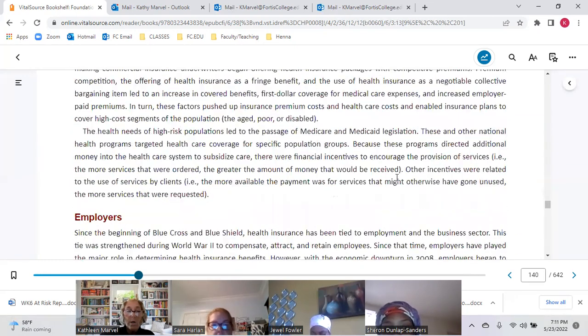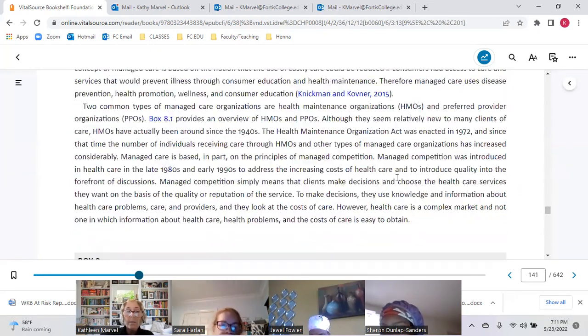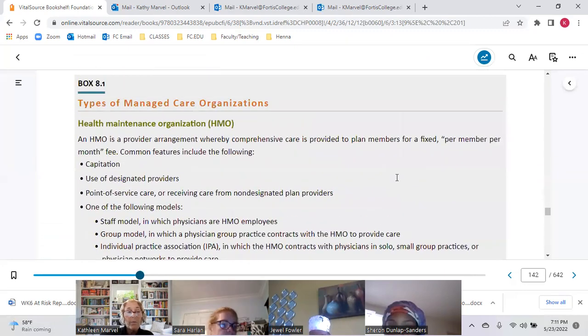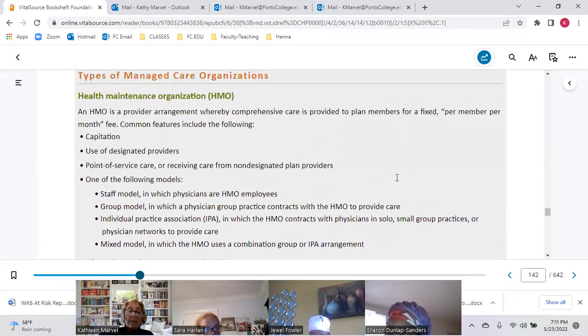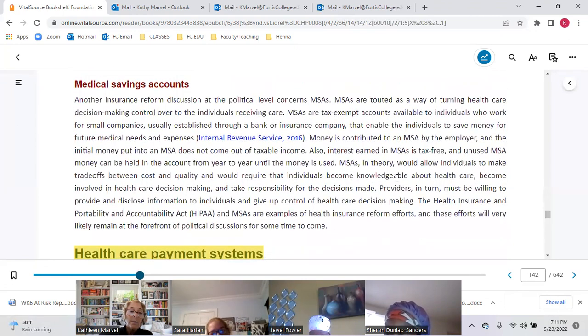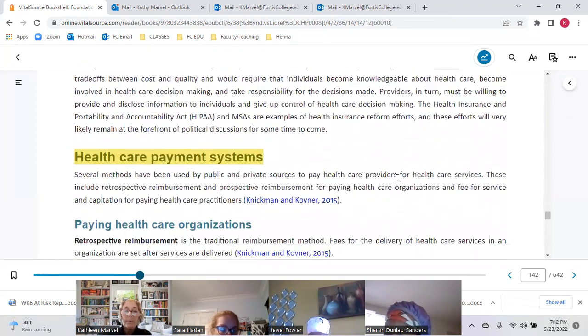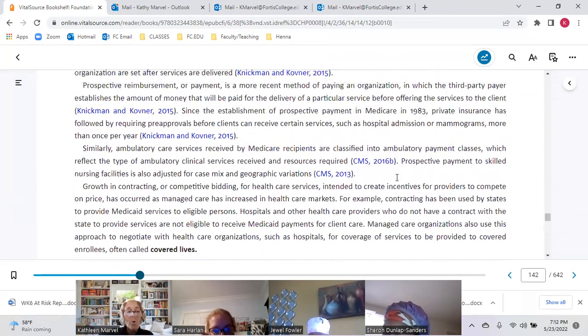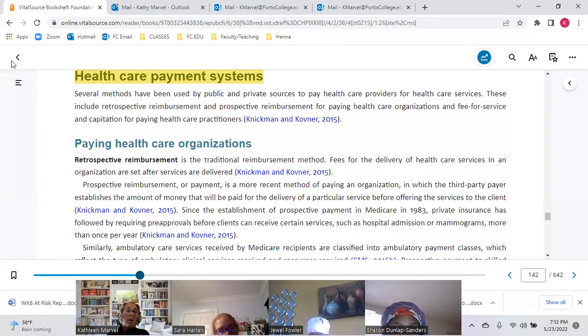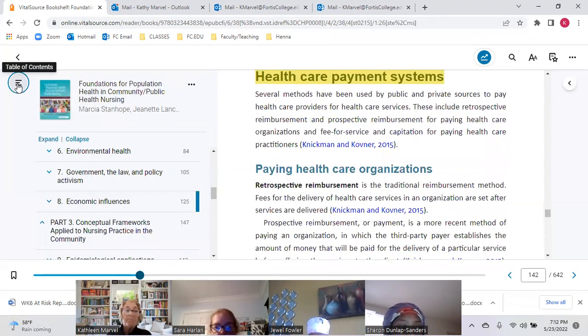Okay, so those are your 4 ways it's financed. And then this whole last section is the HMOs and PPOs and all of that. We don't need to get into that. I just want you to know the four ways we pay for healthcare.